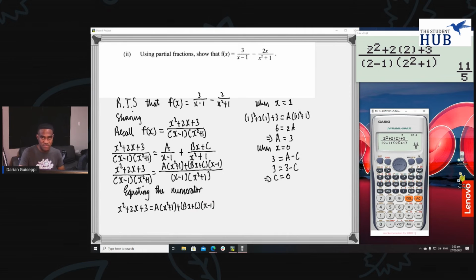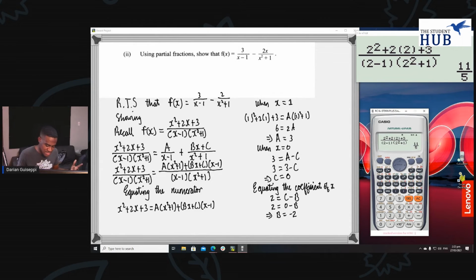Therefore, the coefficient of the term in x on the left-hand side would be c minus b. Therefore, 2 would be equal to c minus b. Equating the coefficient of x would give you 2 is equal to c minus b. We know the value of c from the previous thing that we worked out, and in the end, we get b is equal to -2 when we solve for b.